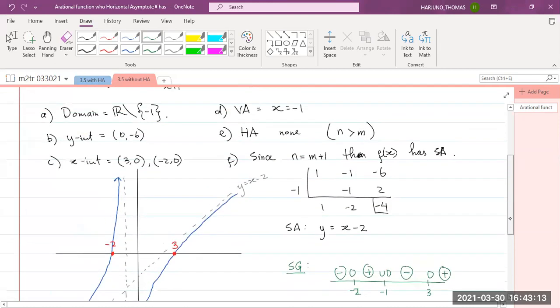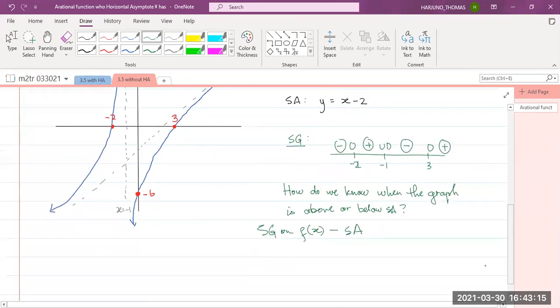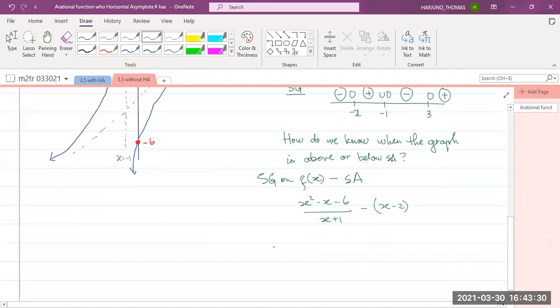Now, what is our f(x) again? Our f(x) is x squared minus x minus 6 over x plus 1. Now, subtract the slant asymptote x minus 2. The LCD will be x plus 1. This is x squared minus x minus 6 minus (x minus 2)(x plus 1).